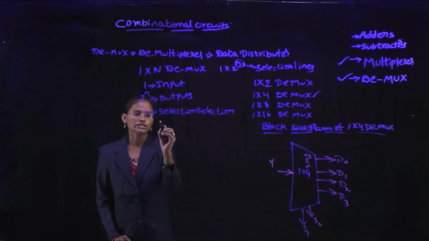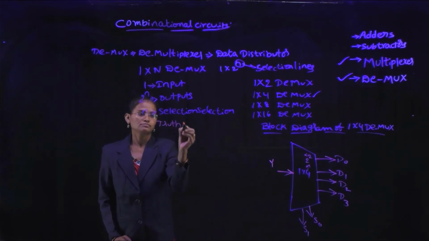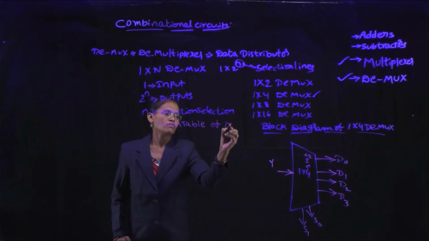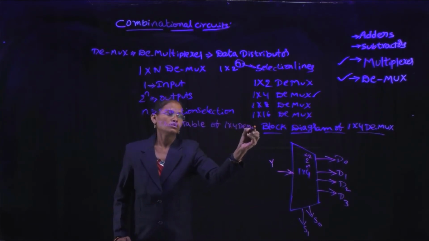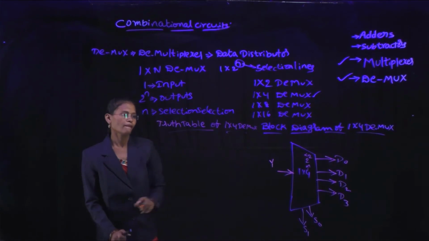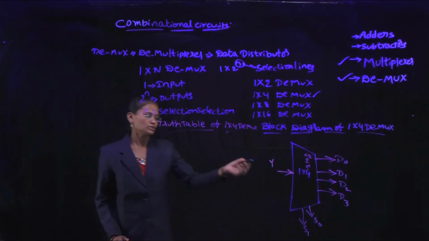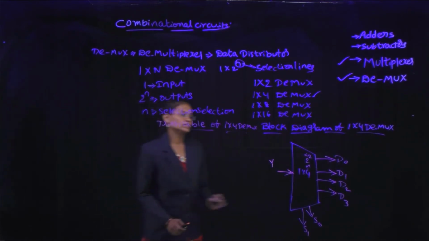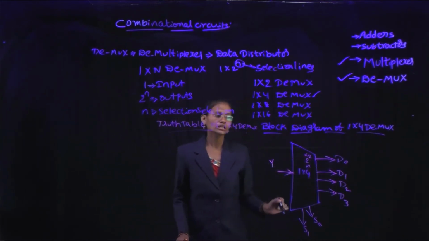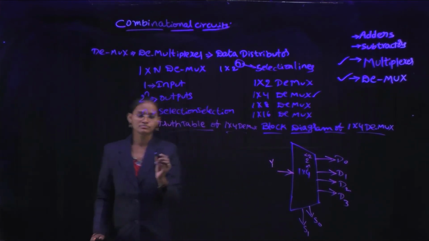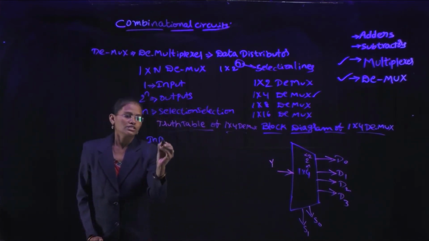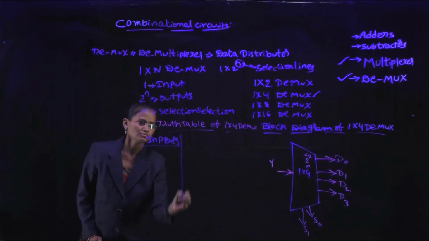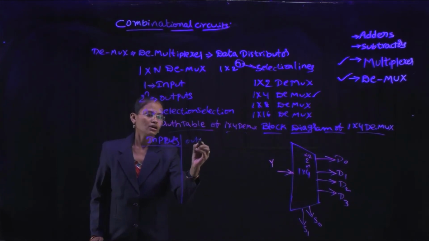And next, truth table for demux. Truth table of 1 by 4 demux. Here the inputs are S0 and S1, and D0 to D3 are the outputs. First you write down the inputs and outputs.